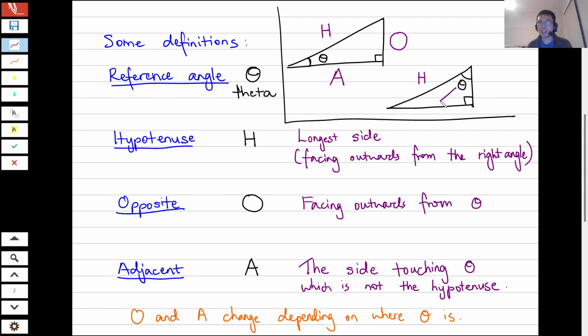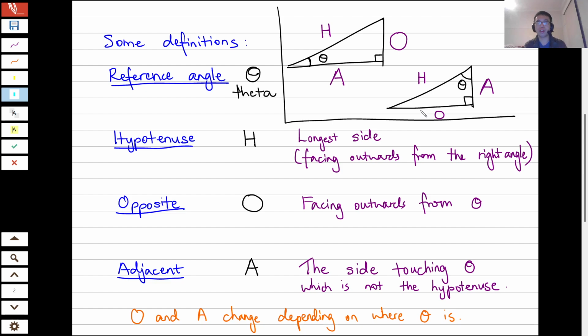But now the opposite side O will be facing outwards from the new angle theta, so O is going to be down the bottom, and then the remaining side A is going to be on the right here. So please note, depending on where I choose theta, I am going to label the opposite and adjacent sides differently. Keep that in mind.